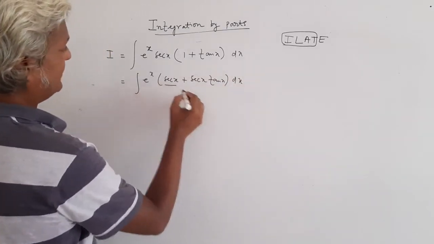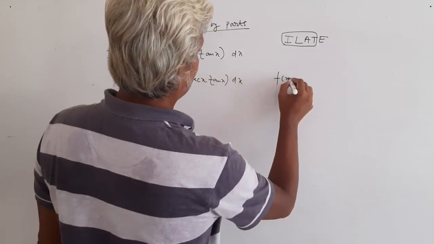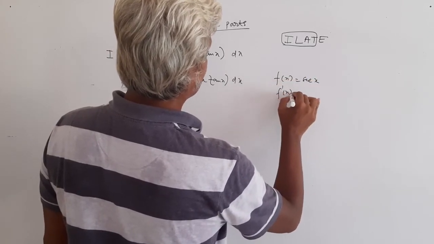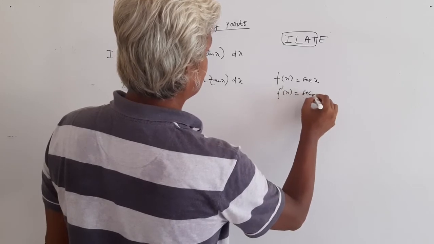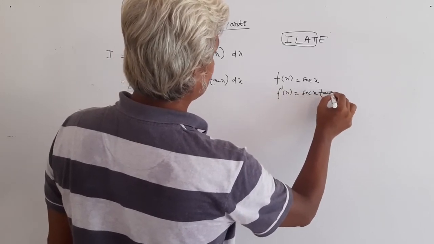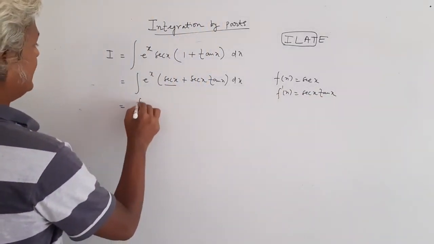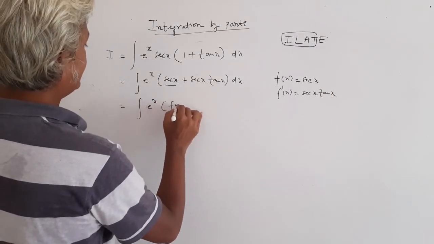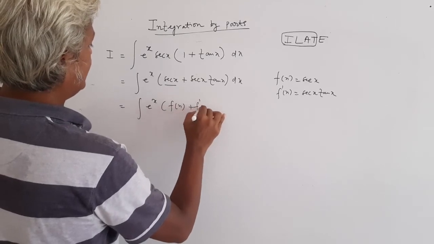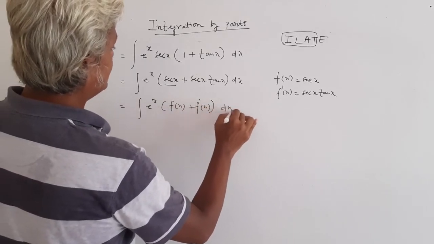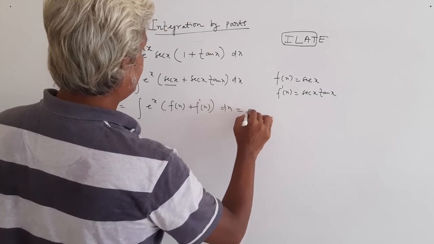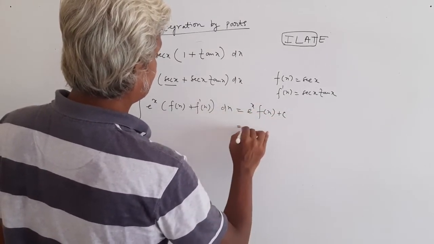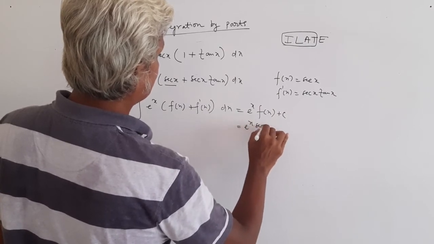Now you know that if f(x) is sec x, then f'(x), the differentiation of sec x, is sec x tan x. So we have the form e to the power x [f(x) + f'(x)] dx, and the answer will be e to the power x f(x) plus c, that is e to the power x sec x plus c.